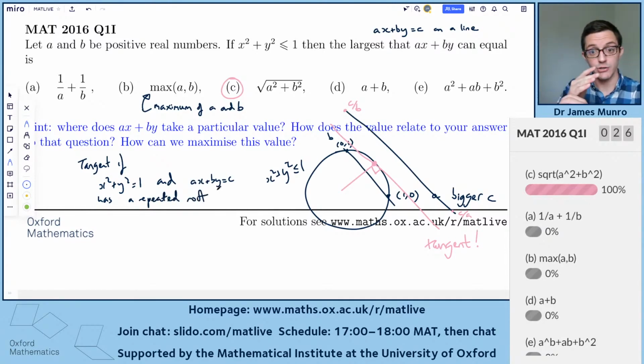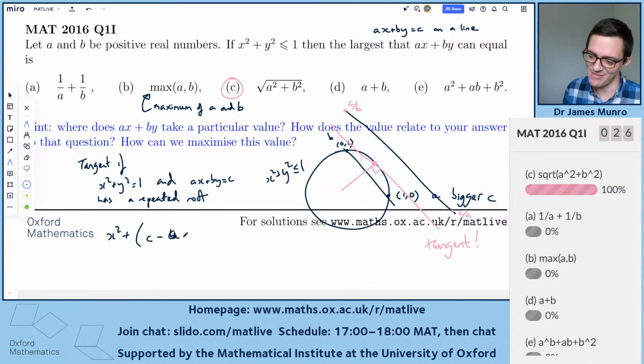Sometimes that's got two solutions, sometimes no solutions, sometimes one repeated root, which you can work out by plugging one into the other. What am I doing? c minus ax over b, all squared. Oh, goodness me, what a mess. Rearranging that quadratic, I want it to have not two solutions, not 0 solutions, but one solution for where this point is. That's what I meant by the repeated root thing.